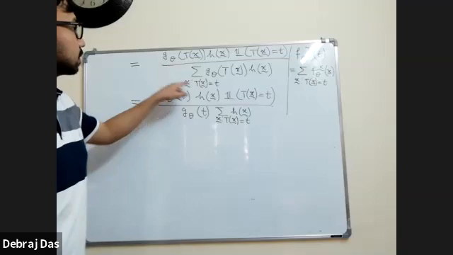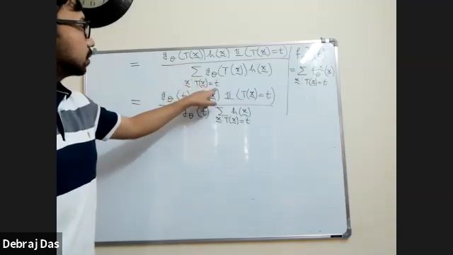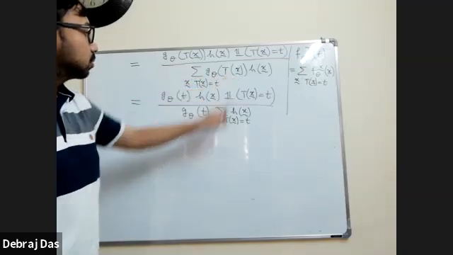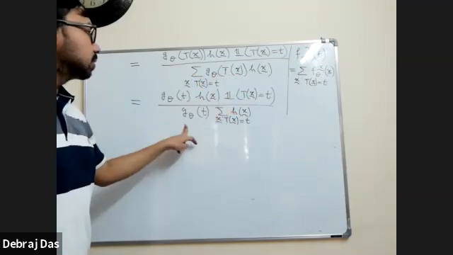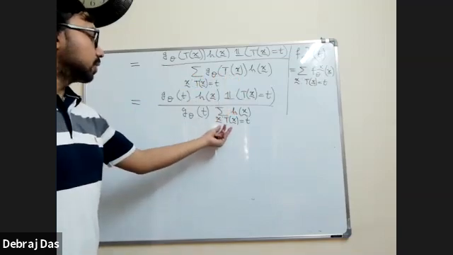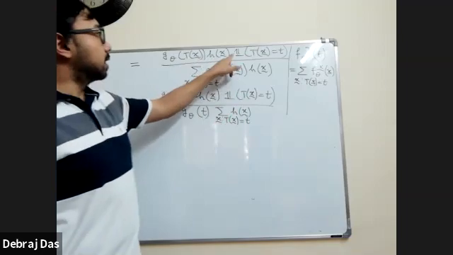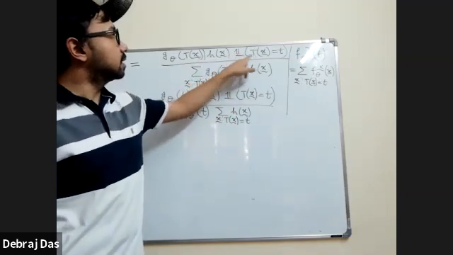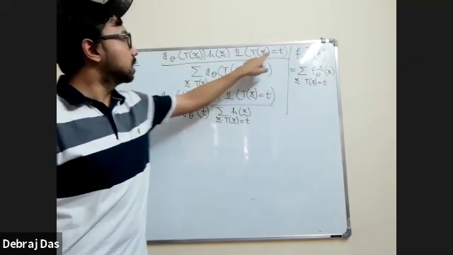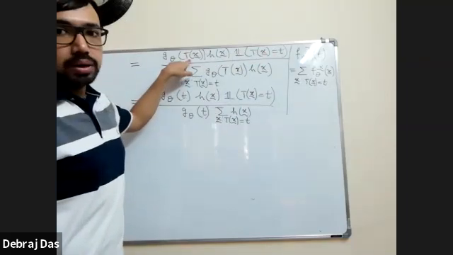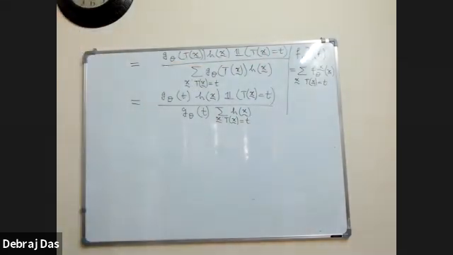Since in this sum Tx square equals T, I am simply putting this Tx square to be T. So that will come outside because there is no variable there. In the numerator, it's the indicator of Tx square equal to T, so that's why I can put Tx square equal to T. Otherwise, it will be 0.